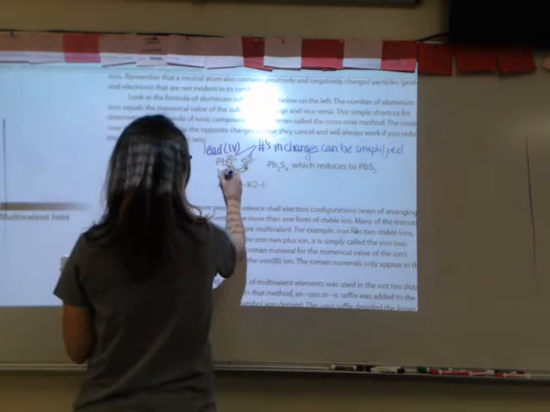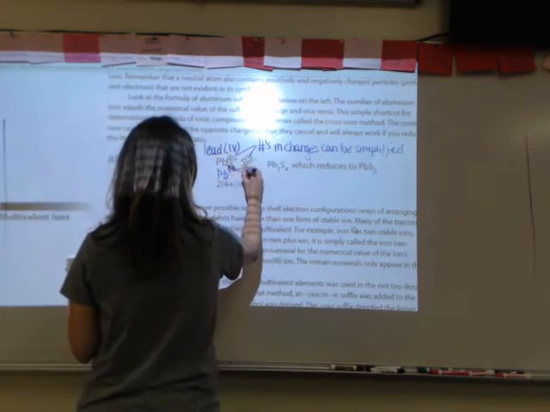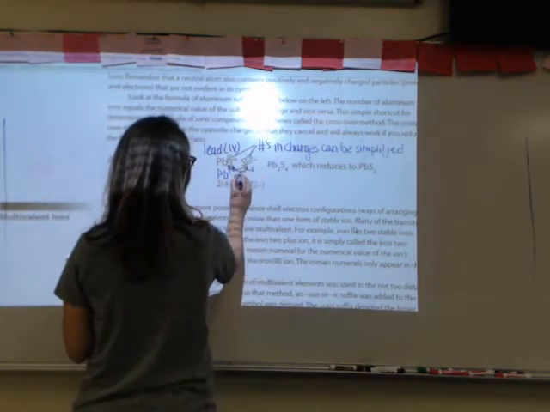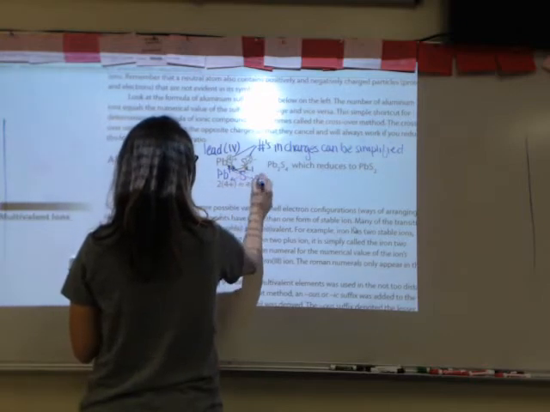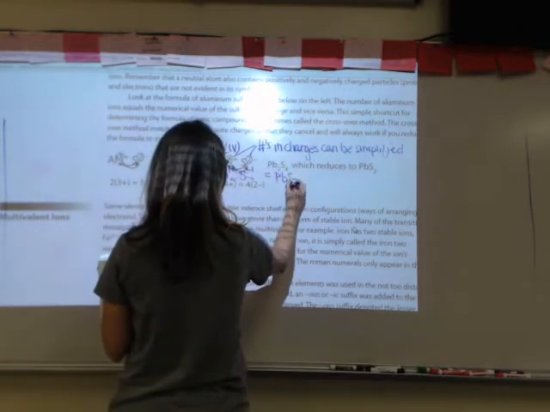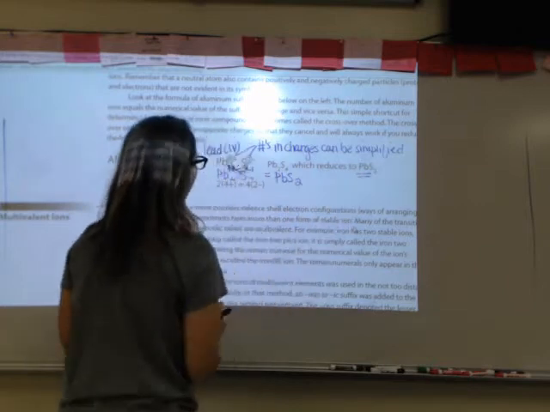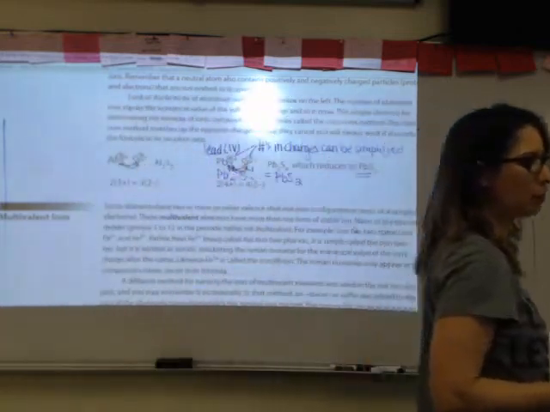So that means that this would become Pb+2 and this would become S-1, and then you can cross them to give you the PbS2, which is what they have here. This type of simplification happens maybe once on an assignment. It doesn't happen that often.